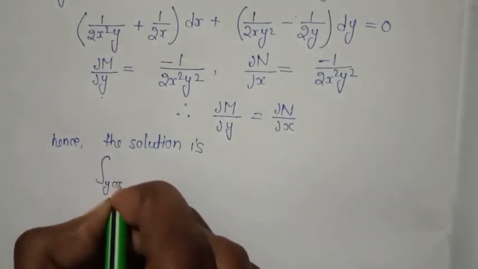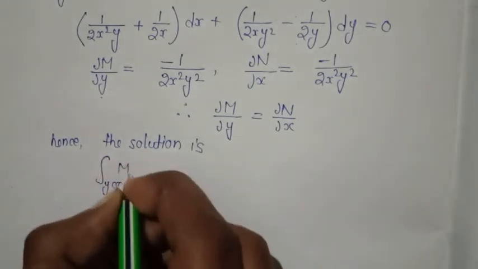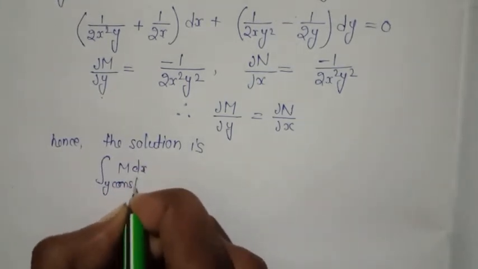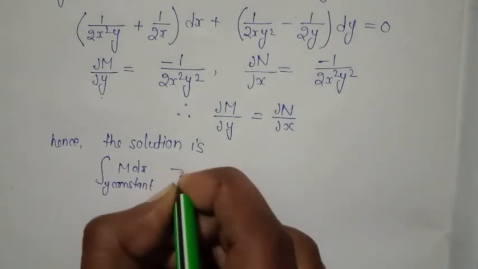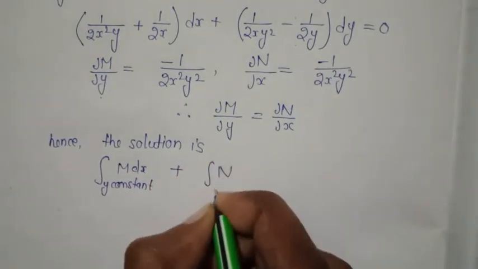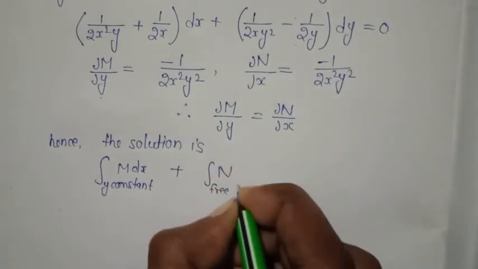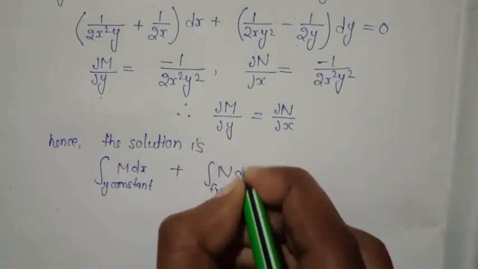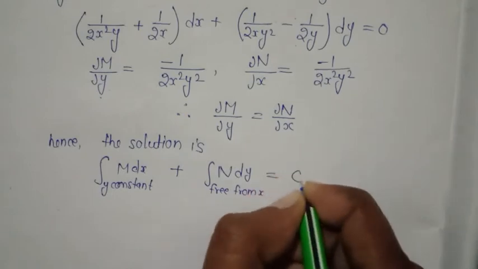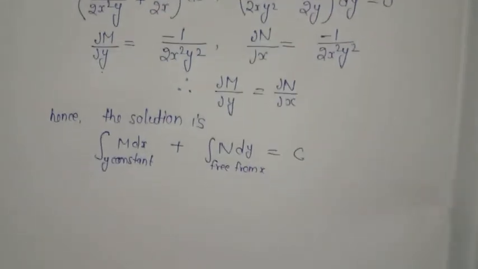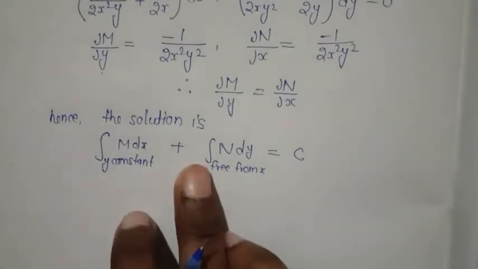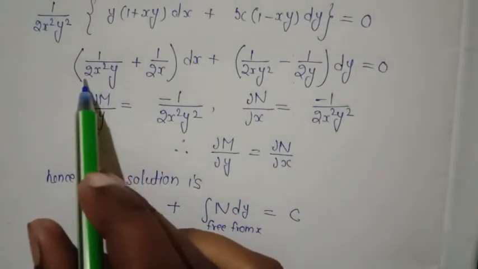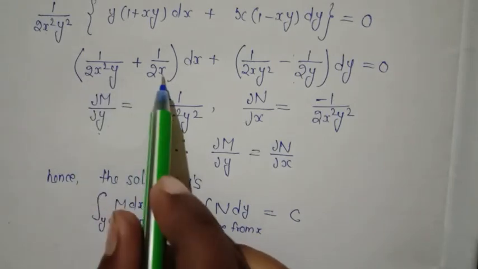Taking y as constant, we will integrate M with respect to x, plus the terms of N that are free from x, and we will take the integral with respect to y, and then the integrating constant. So this will be the solution for this equation. I am going to apply it here. You can see the new M is here, so I am going to put it.